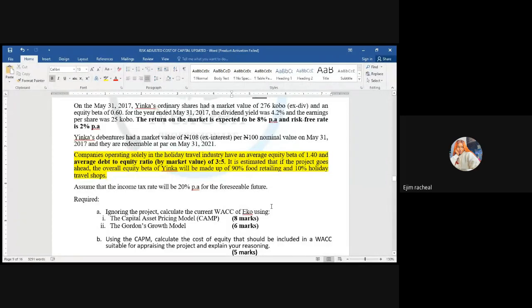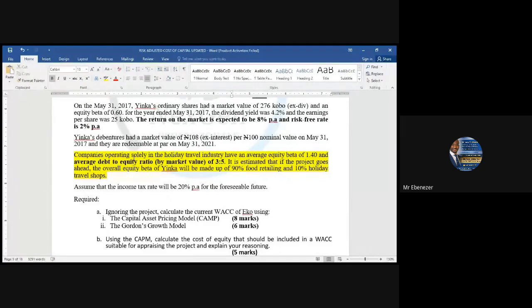Companies operating solely in the holiday travel industry have an average equity beta of 1.40, an average debt to equity ratio by market value of 3 to 5. Can you see that? Companies operating solely in the holiday travel industry.